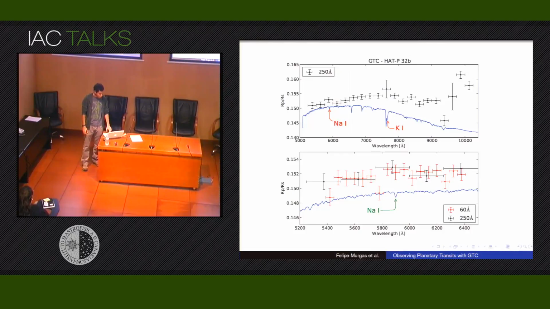We still don't know. Also, I forgot to mention that this error bar is bigger because you have the telluric lines of oxygen here, this really big line near the potassium line. So it's more difficult to say whether there is a detection of potassium or not.